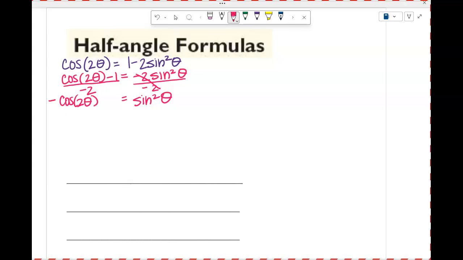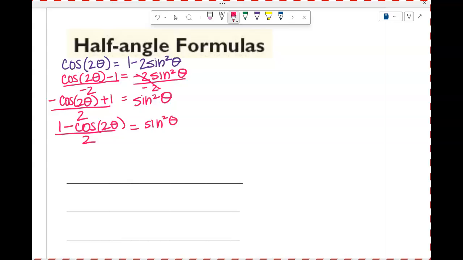If I multiply to the top, this is now a positive 1 over positive 2. Now again, I don't want that negative cosine in the front, so all I'm doing really is rearranging it to be 1 minus cosine of 2 theta, now divided by 2, okay? So again, I just don't want negative on the bottom and I don't want negative in the front.